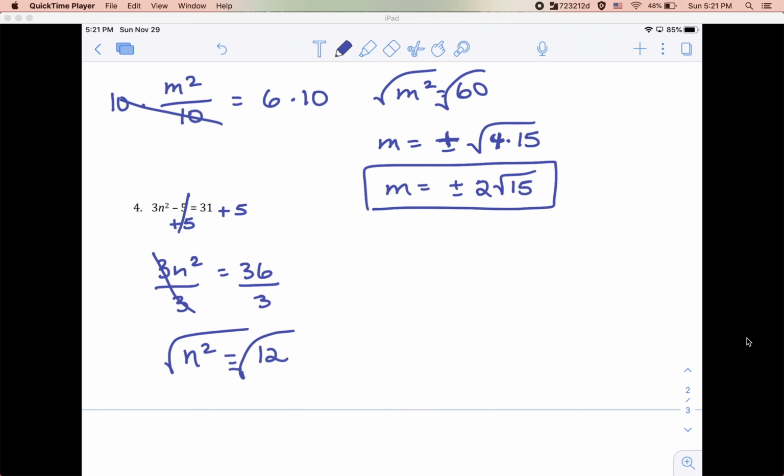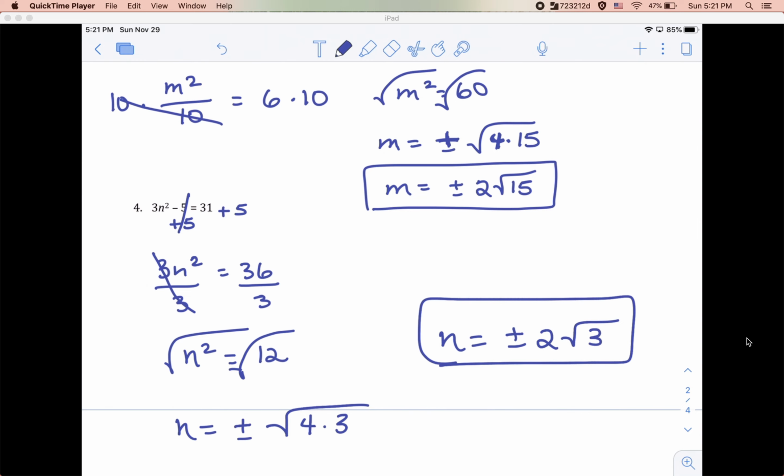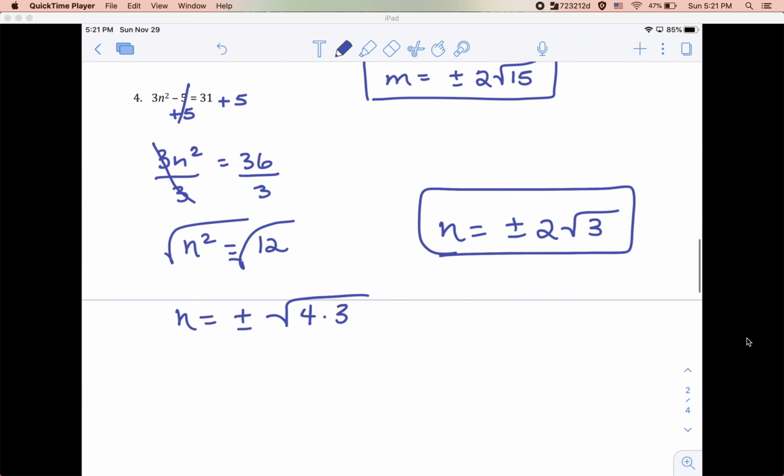Force the square root. n equals plus or minus the square root of 12, which is 4 times 3 under the radical. So then that would be 2 root 3. So n equals plus or minus 2 root 3. 2 comes out of the house, 3 stays home. And that's it for today.